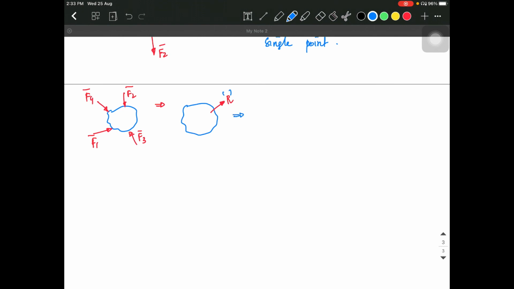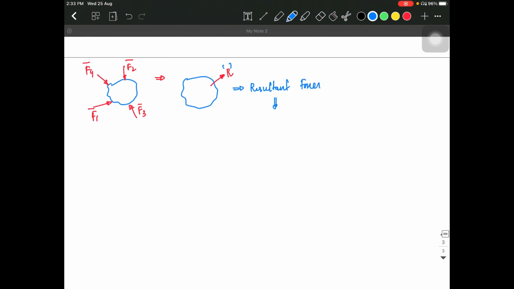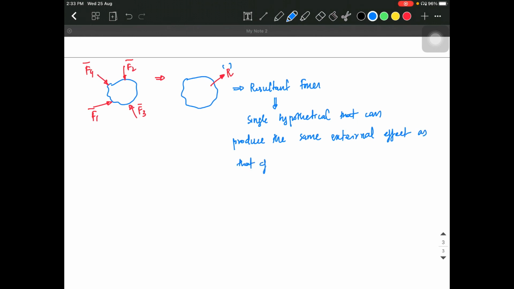Then that force is called the resultant force. A resultant force is a single hypothetical force that can produce the same external effect as that of the system of forces.